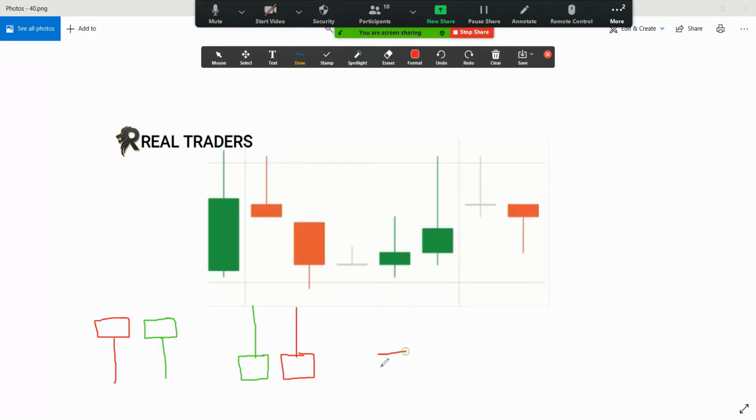We talked about a spinning top candle. Here also the color doesn't matter. And we talked about the doji, the dragonfly, or the gravestone doji.